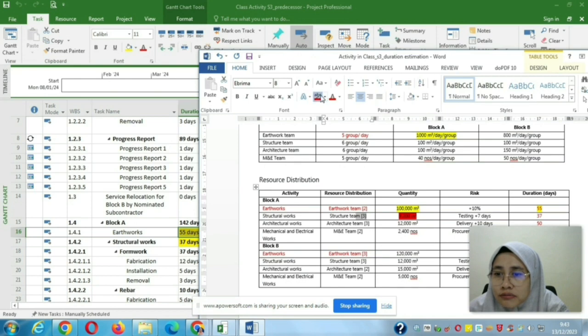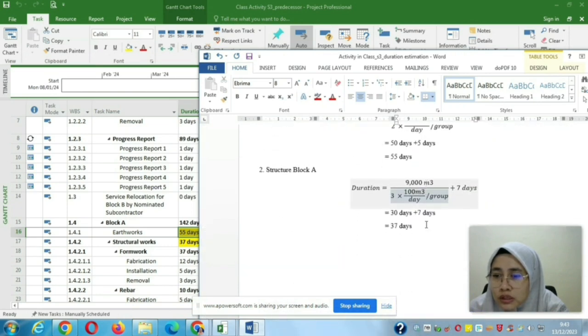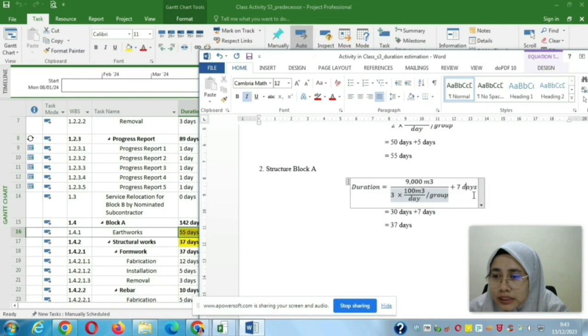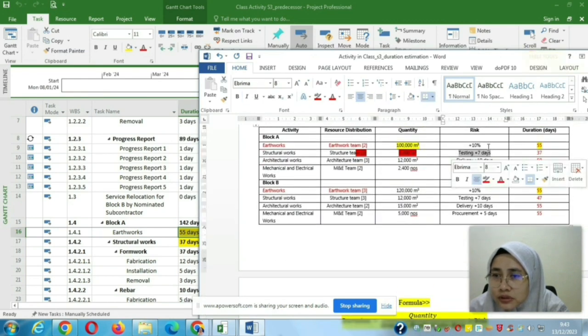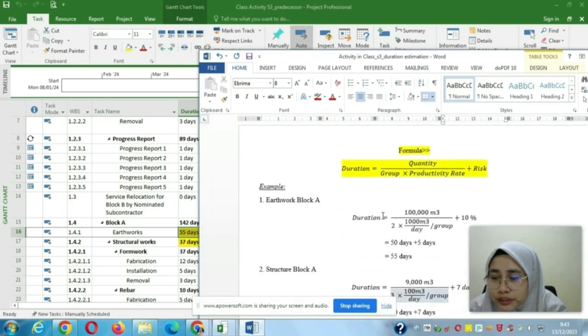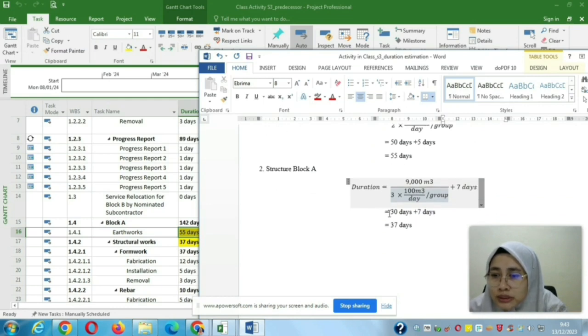And then times the productivity rate for structure work block A, which is 100 meter cube. And then plus 7 days is the risk. The 7-day risk is given here. For testing you need 7 additional days, to be added to the total duration calculated using the quantity and also productivity. So basically from this calculation we get 30 days plus 7 days, which is 37 days.